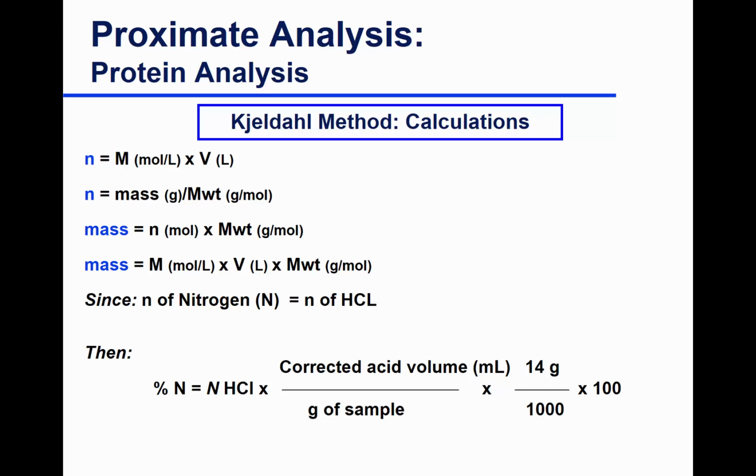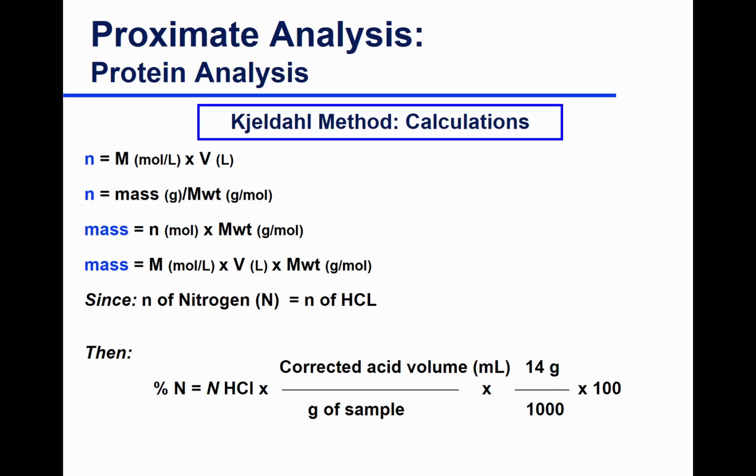So number of moles equals normality times volume as well. Okay, so since number of moles of HCl equals number of moles of nitrogen, I can replace that by the HCl information. So I'm going to say mass equals number of moles, which is normality times volume, times molecular weight.